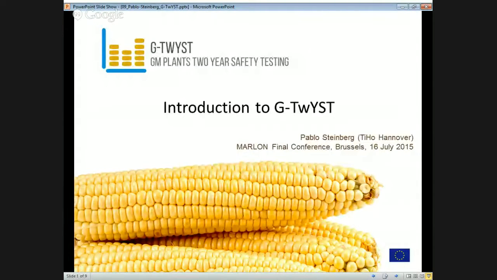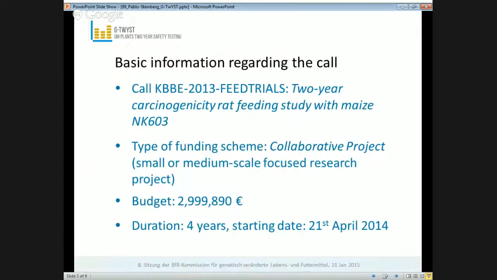Okay. So this is a project that was initiated more than a year ago, and it's a two-year carcinogenicity rat feeding study with the maize NK603. It might be known to you that Seralini and colleagues published in 2013 a very controversially discussed study in which they fed this genetically modified maize to rats, and they saw certain incidences of mammary tumors in the animals.